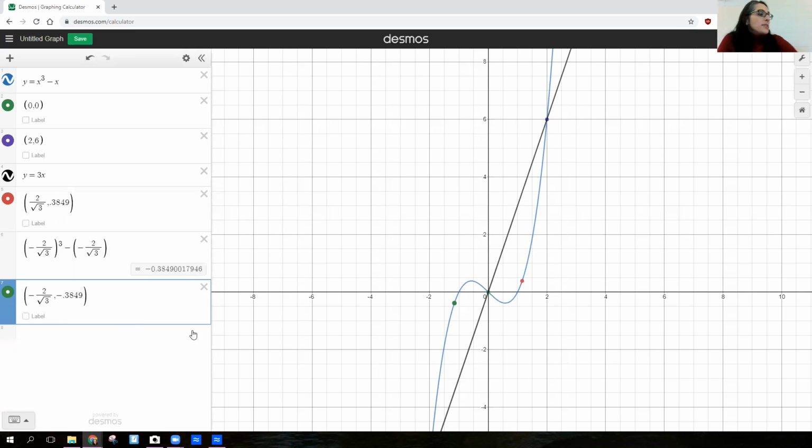Okay, so see my little red dot and my little green dot right there? I'm not connecting those dots, okay? These represent the points on the curve that have a tangent line that would be parallel to this secant line.